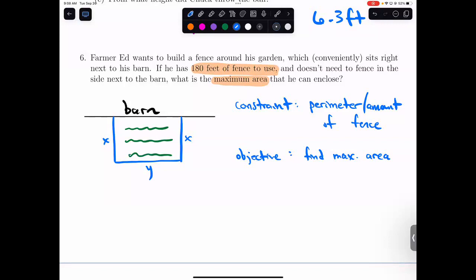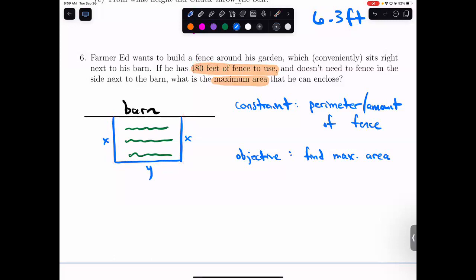Then what does our constraint about the amount of fence he has to work with tell us? We need to build X and Y and then another X, right? If he wants to build this thing as big as possible, how much of that 180 feet of fence should he use? All of it, right? It doesn't make sense to leave leftover because then you could have built it bigger.